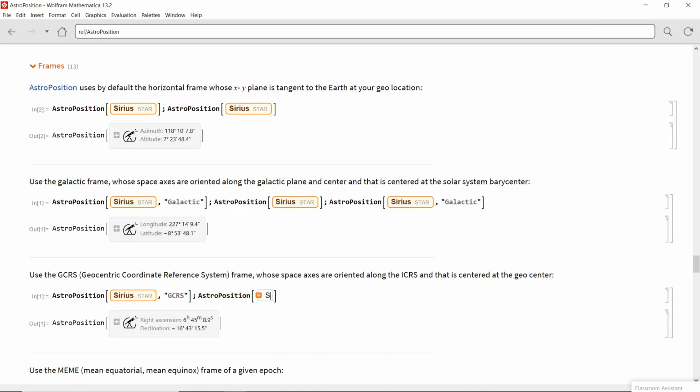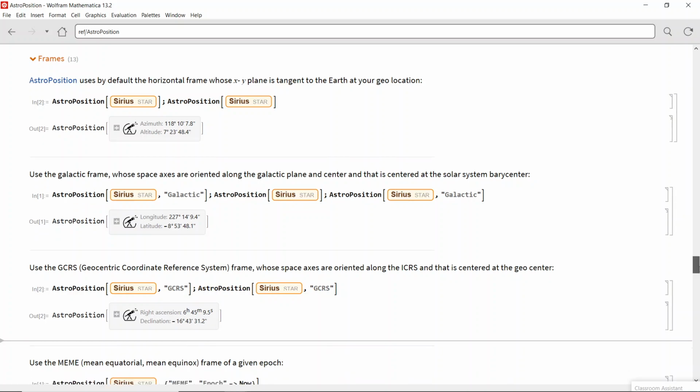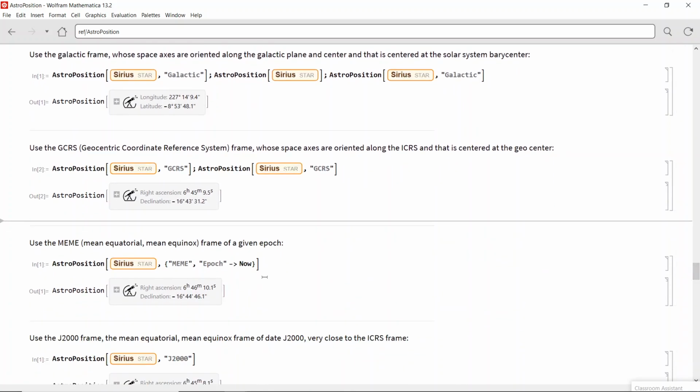AstroPosition Sirius, GCRS, 6 hours 45 minutes, -16 degrees 43 minutes. Use the mean equatorial, mean equinox frame of a given epoch.